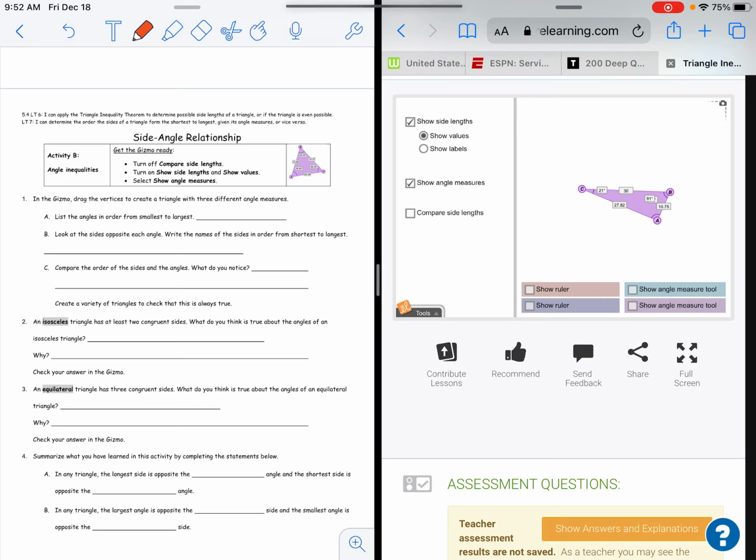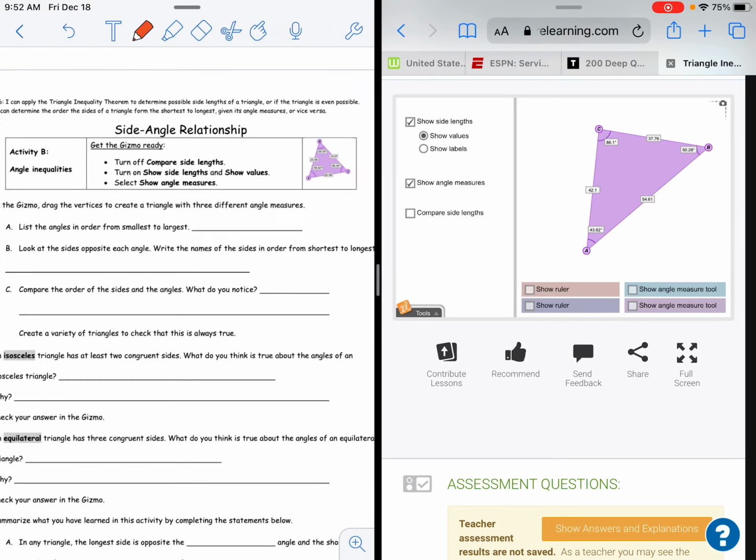Let me get a different looking triangle here. All right, we got a new triangle. We're going to just randomly make a triangle. We'll make it look a little quirky. Now we're going to list the angles in order from smallest to largest.